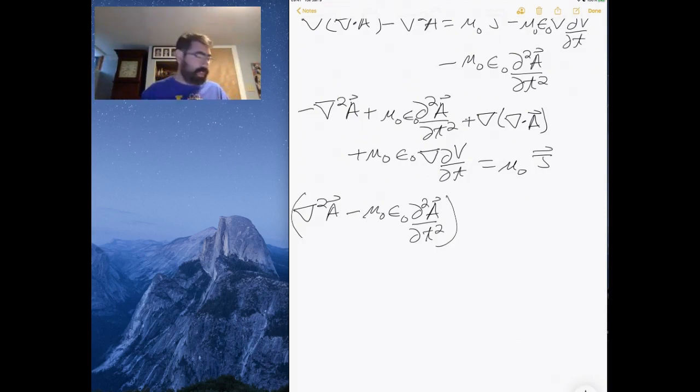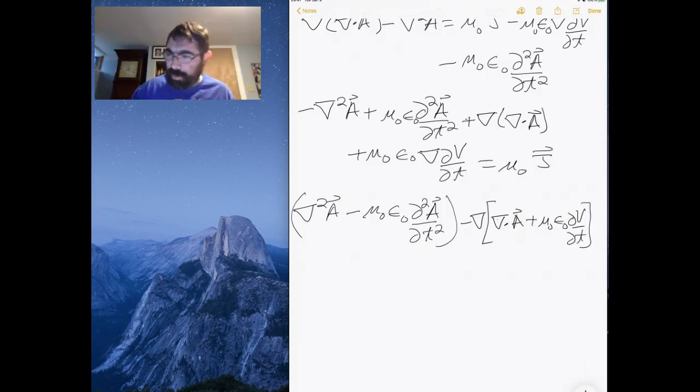So I'm going to group that together, minus the gradient of the divergence of A plus mu0 epsilon0 time derivative of V. And all of this is now equal to minus mu0 J. So what did I do? I multiplied a minus sign on both sides. I grouped together the terms, so now all the gradient terms are in that square bracket, and left the other two.